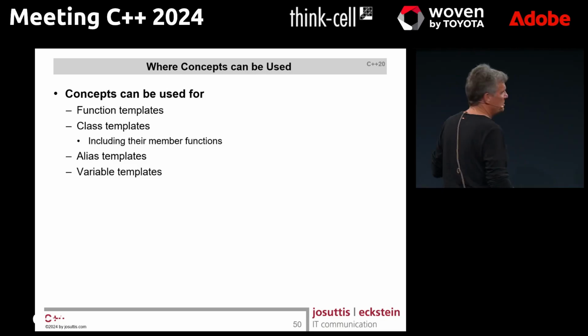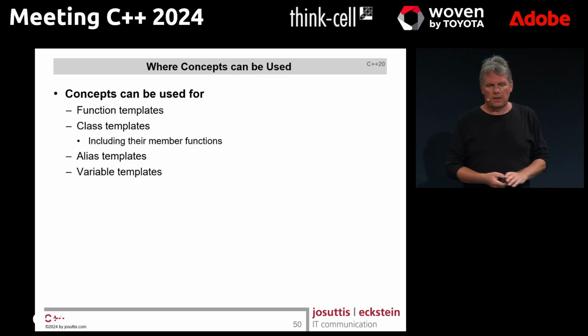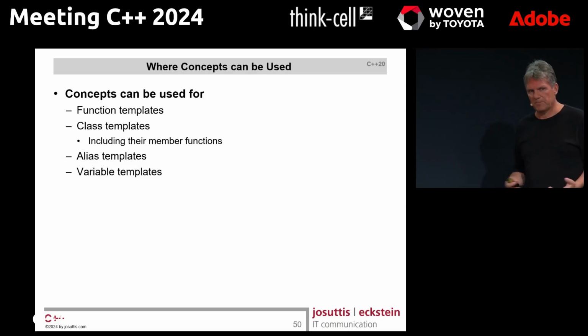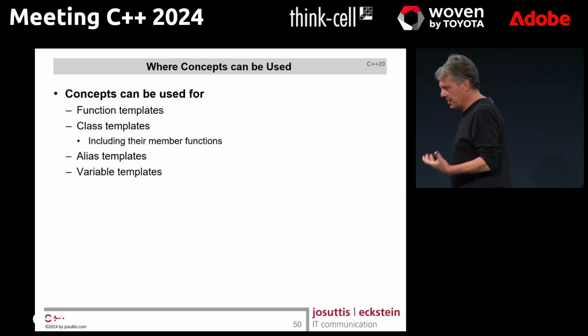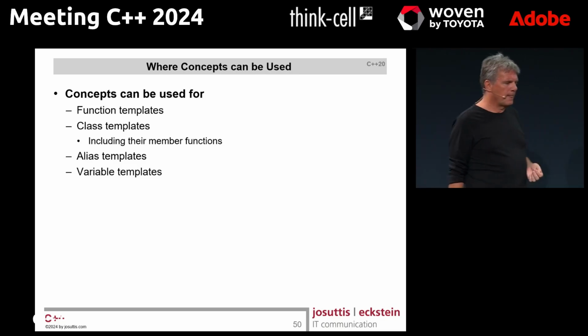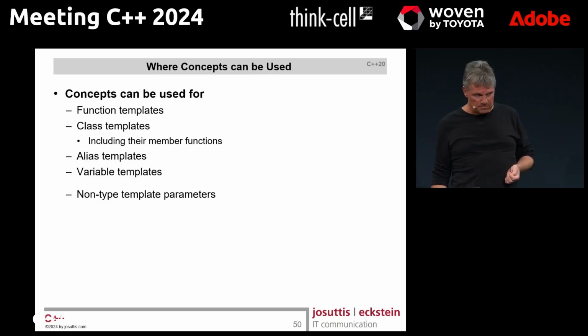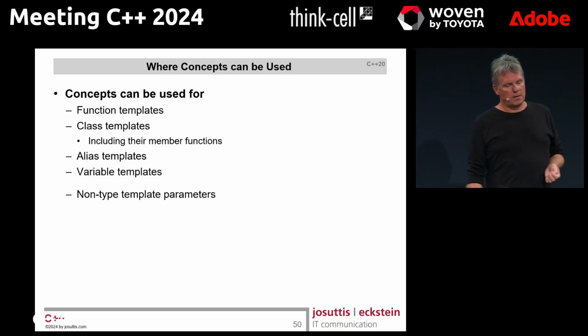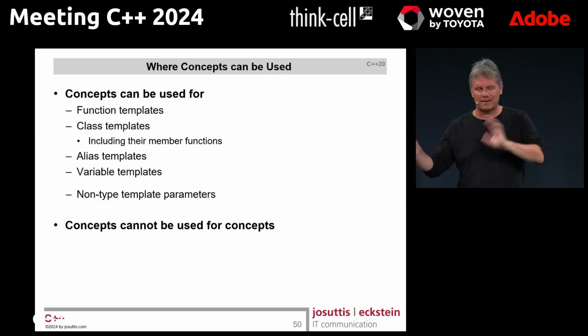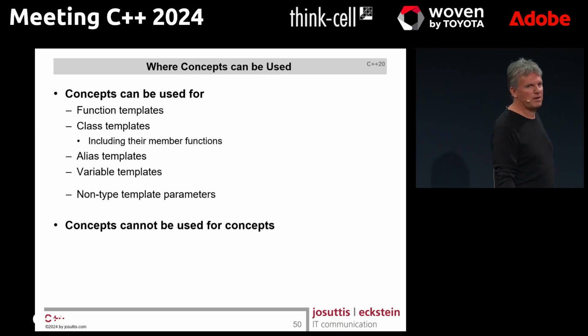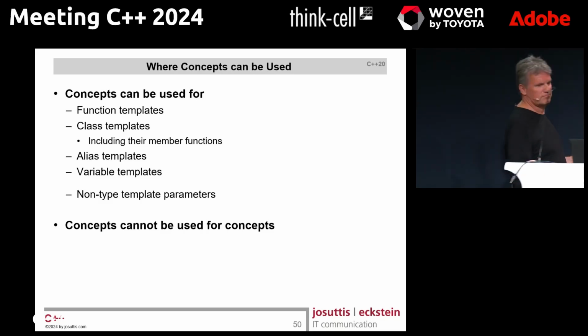So function templates, class templates, alias templates, that's generic type definitions, variable templates, that's generic variable declarations, and even non-type template parameters. The only exception is you cannot use a concept to specify a concept, to constrain the definition of a concept. I'm pretty sure sooner or later somebody will ask that as a new feature for C++ for some weird use cases.